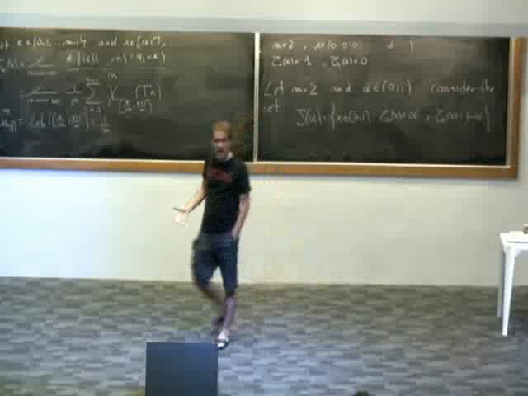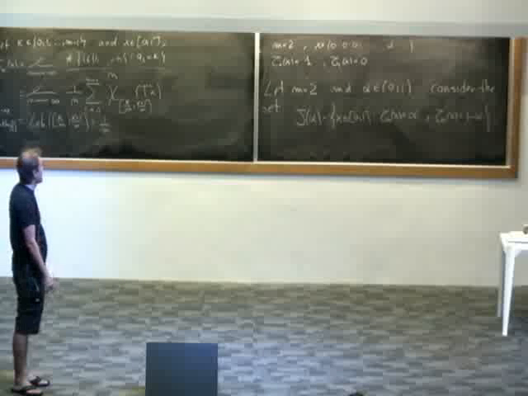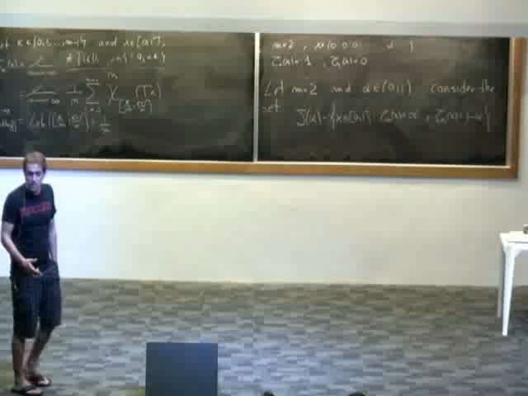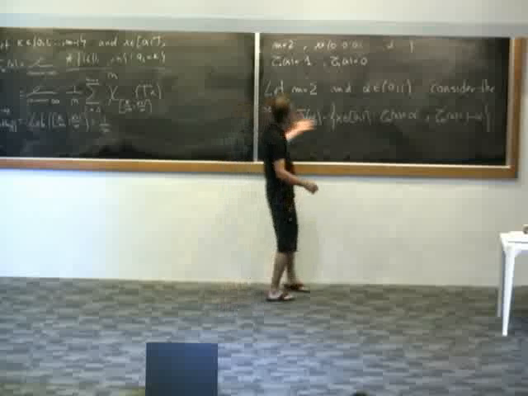If alpha is 1/2, we know that that set has Lebesgue measure equal to 1. And if alpha is not 1/2, then that set has measure equal to 0.